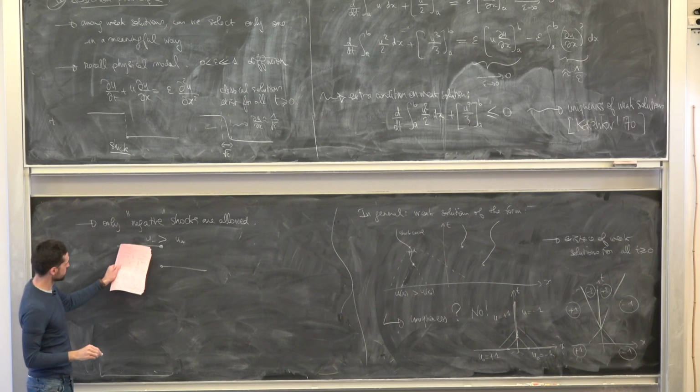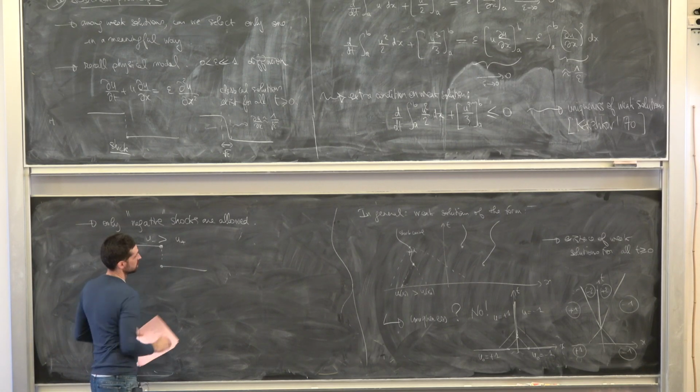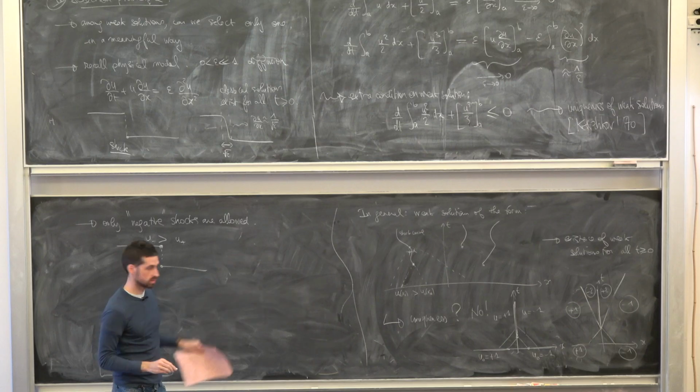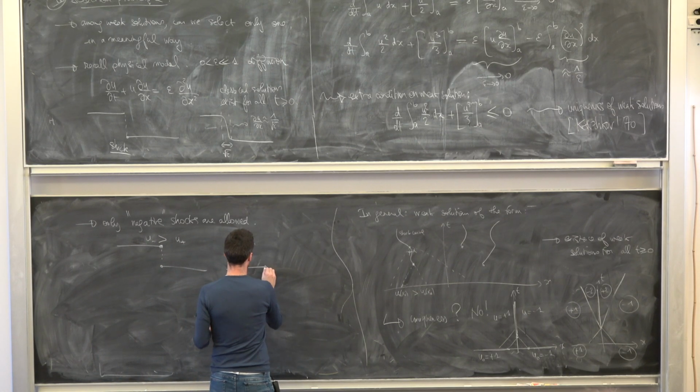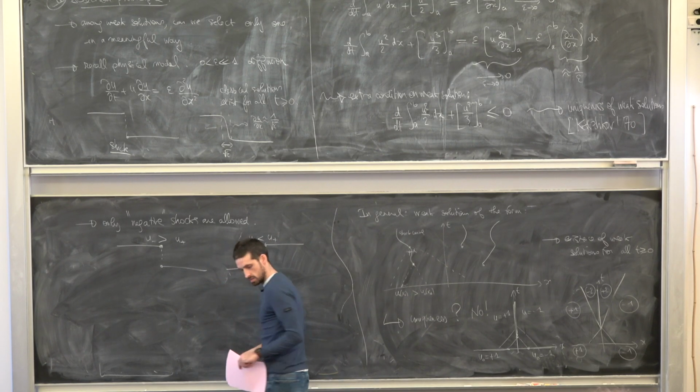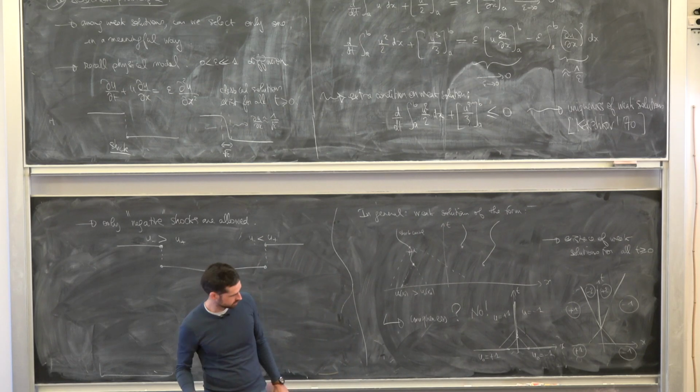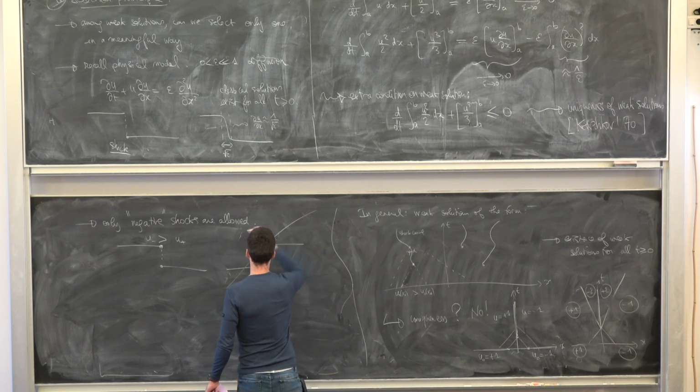This is a type of solution that is going to satisfy this. But if you want to do it the other way, so a u minus less than a u plus, this is not allowed.